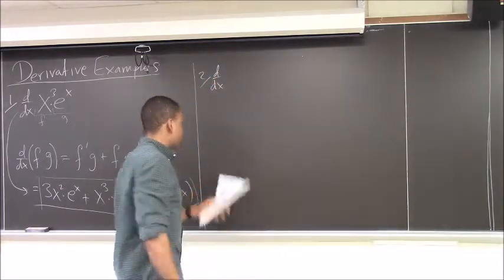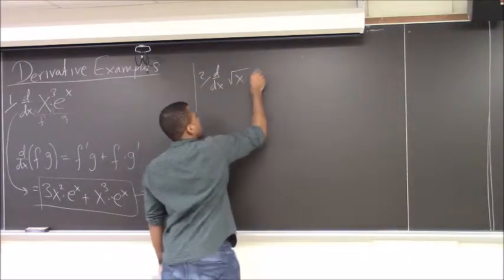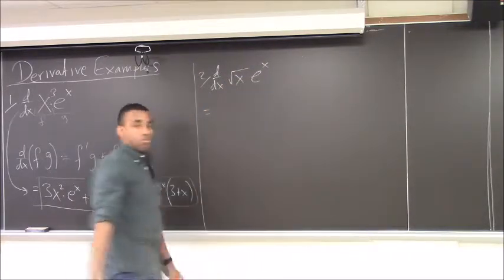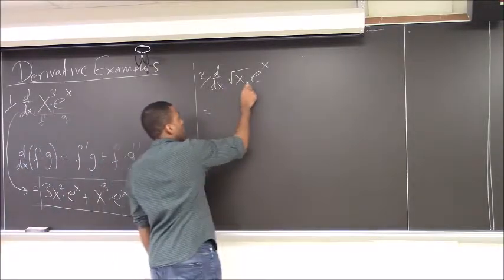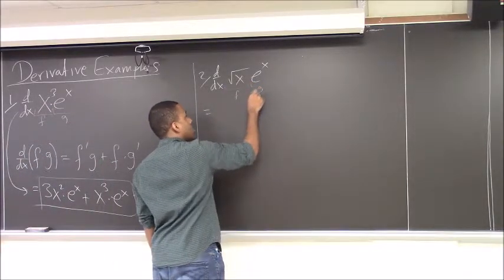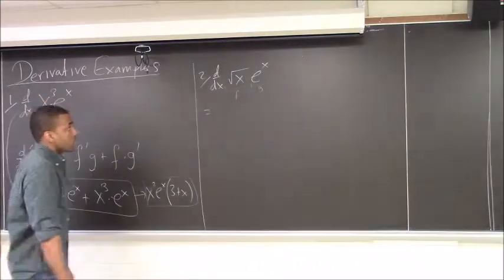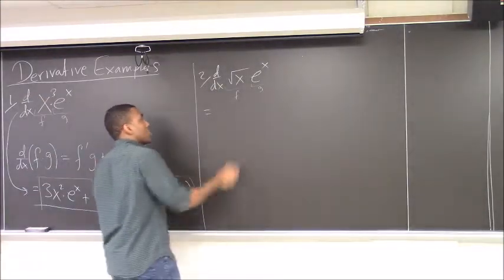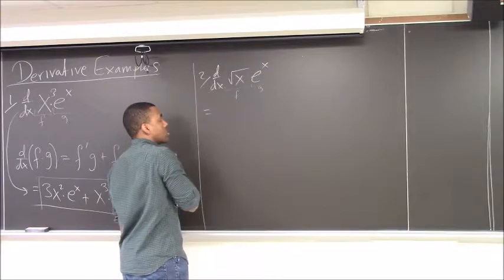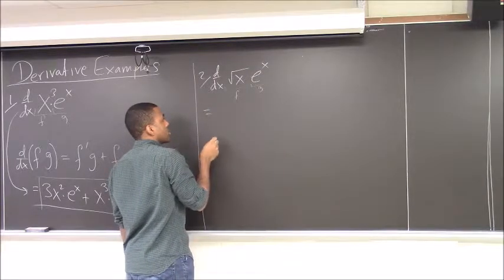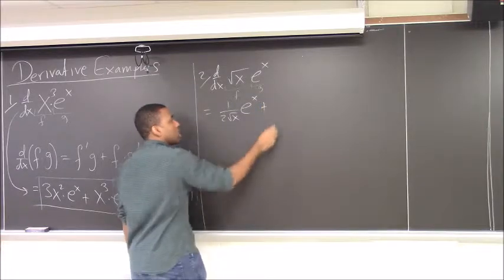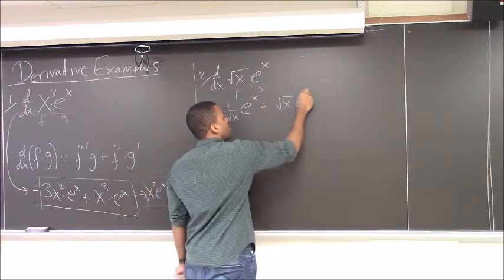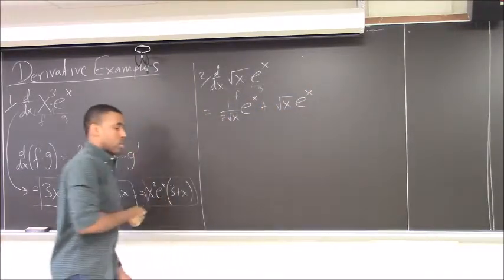On to the second example. Square root of x times e to the x. How do you do that? Same product rule. One function, that's your f, times the other function, that's your g. So it's the derivative of this, which is what? 1 over 2 radical x times that one, plus, now we leave this one alone, differentiate that one, which is just that.